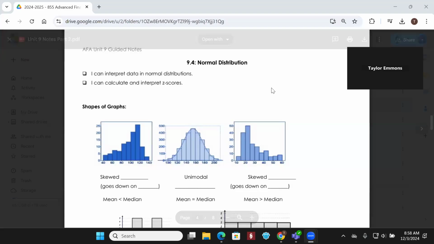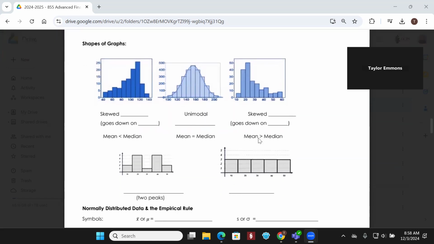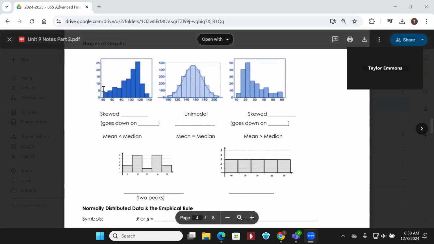Okay, normal distribution. You did this in Algebra 2. Shapes of the graph: you've got skewed left, you've got skewed right.